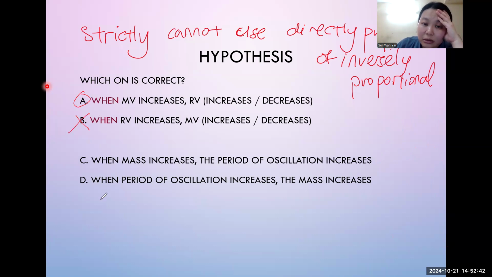Now, C or D correct, if this is the inertia experiment? Thank you, Angelina, Chin Tong, Hai Yan, Chin Yu, Ning Chi. The answer is C. D is wrong. Thanks, everyone.